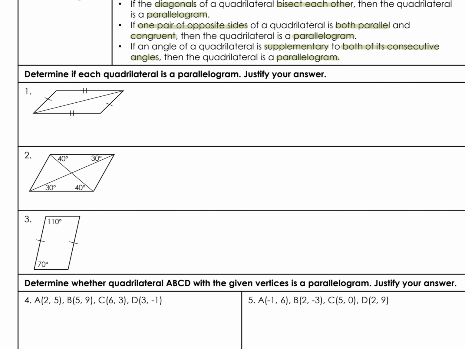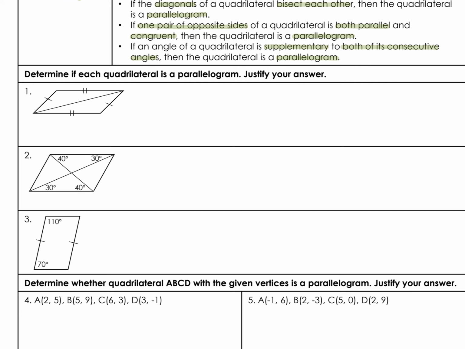So in the first picture here, we can see that they have given us 2 pairs of opposite sides are going to be congruent. So therefore, we can use one of those theorems we stated above to say that yes, this is a parallelogram.